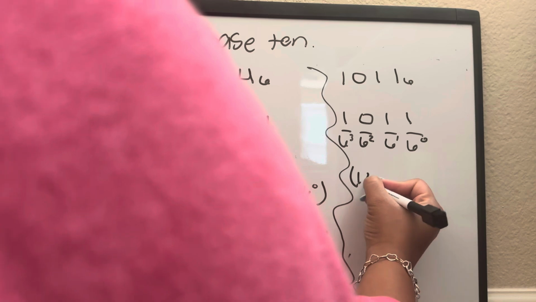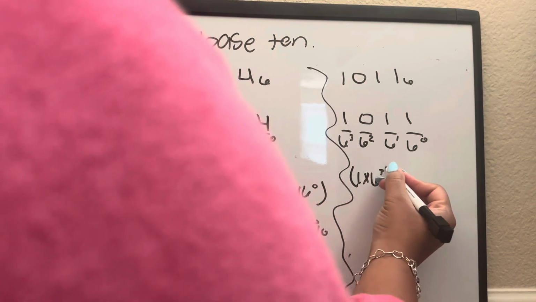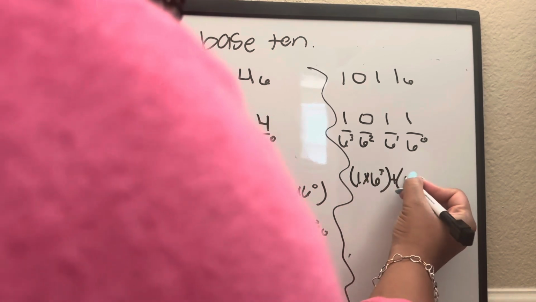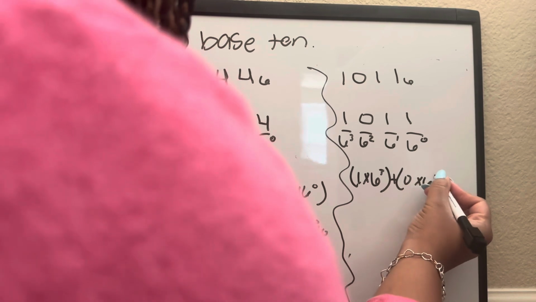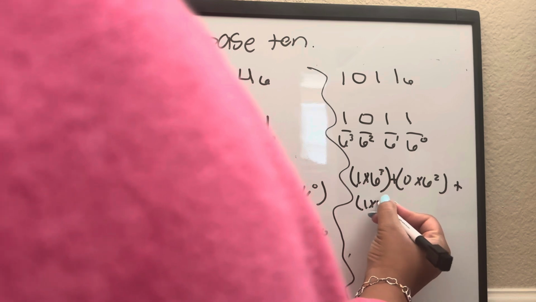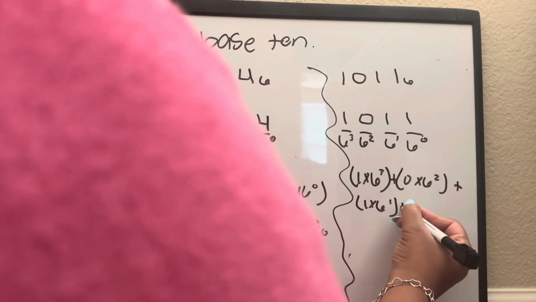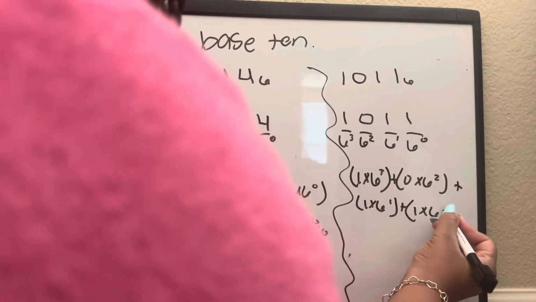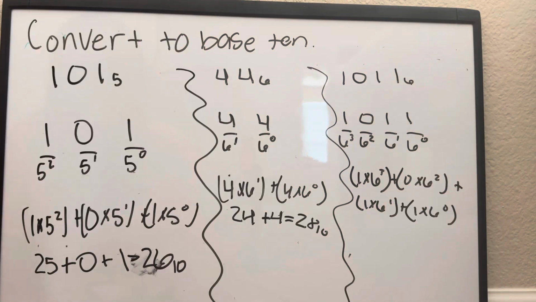So we have 1 times 6 to the power of 3 plus 0 times 6 to the power of 2 plus 1 times 6 to the power of 1 plus 1 times 6 to the power of 0.